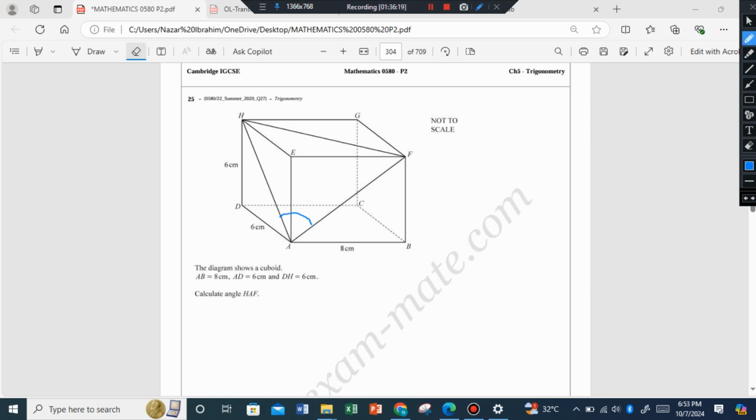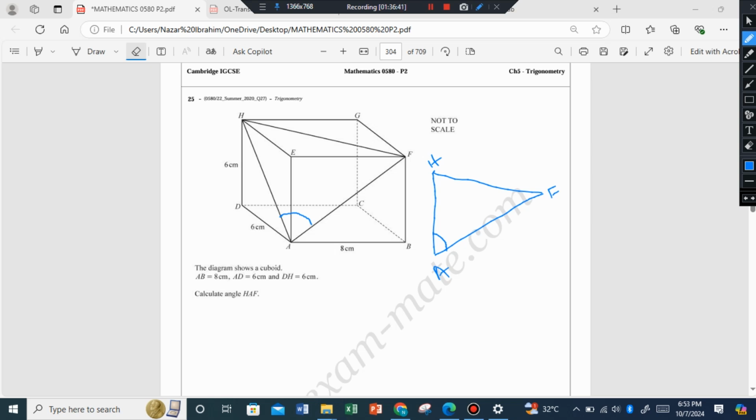Wait, the triangle is not an issue. Basically, we can make it like this as well. This is basically HAF, so H, F, and A. Just to make a rough sketch, we need to find out this angle, and we are unaware of the three sides. We do not know the three sides.